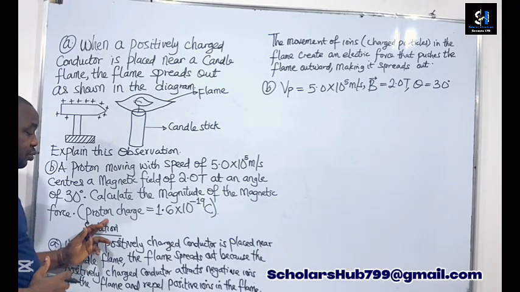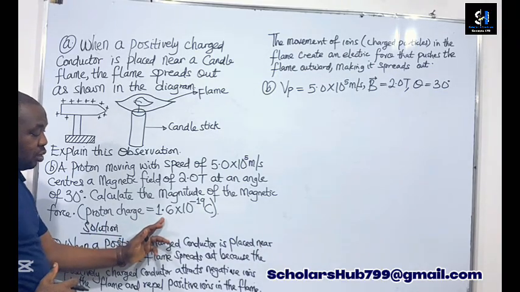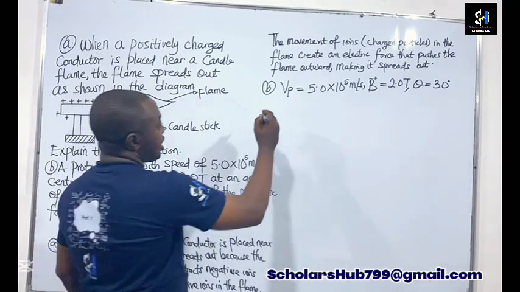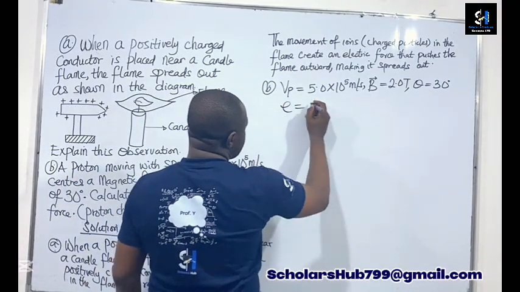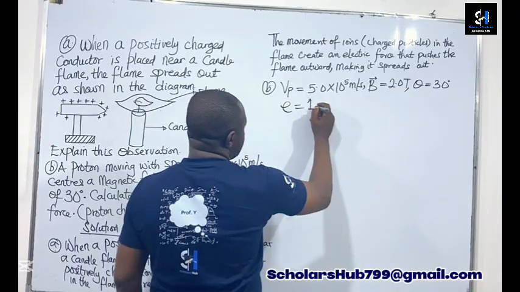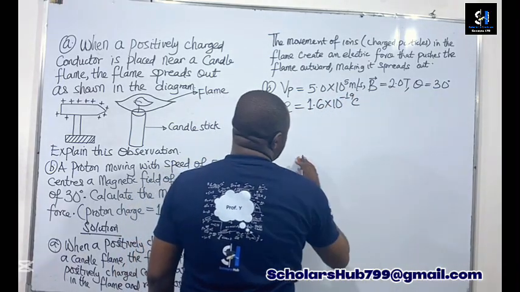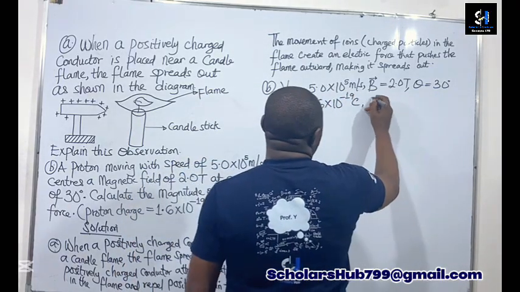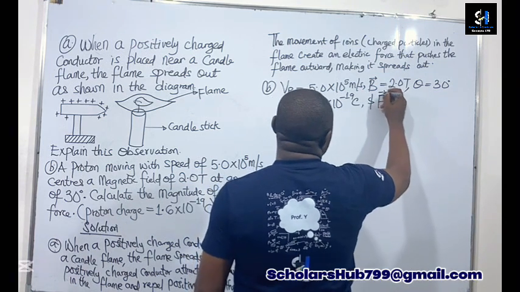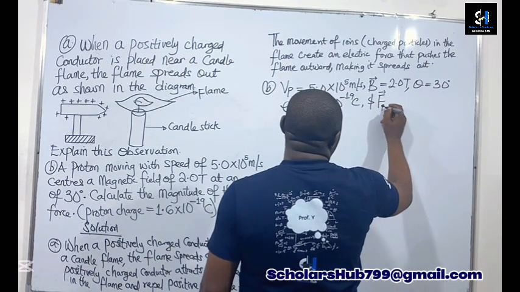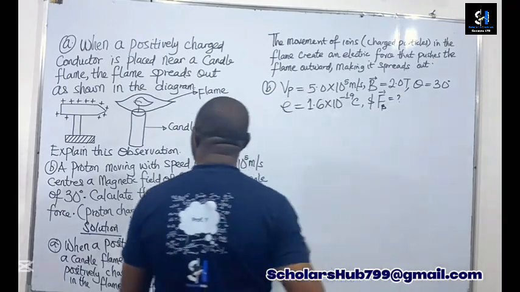We are given the proton charge to be 1.6 times 10 raised to the power of minus 19 coulomb. So the charge on proton is given to be 1.6 times 10 raised to the power of minus 19 coulomb. So our task is to calculate the magnetic force.